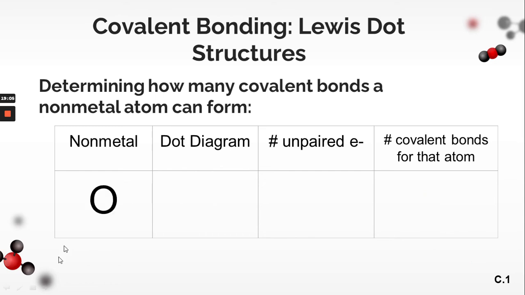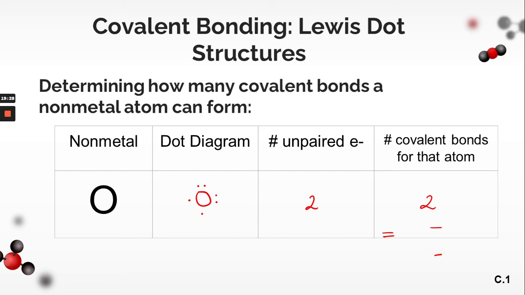So let's try another one. Here's oxygen. All right, so if we come to oxygen and we look it up on the periodic table, we should see that it has 6 valence electrons. 2 of them are unpaired. So that means that oxygen is likely to make 2 bonds. And again, it could be a double bond. It could also be 2 separate single bonds, but no more than 2.